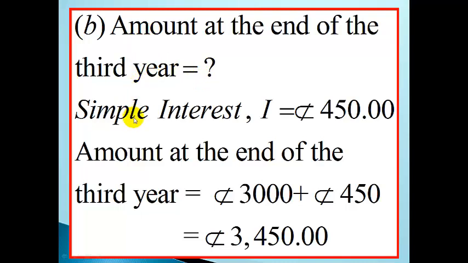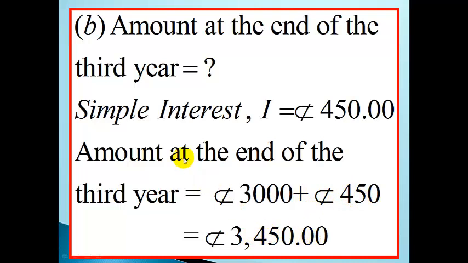Take note that from our calculation, the simple interest I equals 450 cedis. So the amount at the end of the 3rd year will be equal to the principal plus the simple interest, that is 450 cedis. So 3,000 cedis plus 450 cedis is equal to 3,450 cedis.